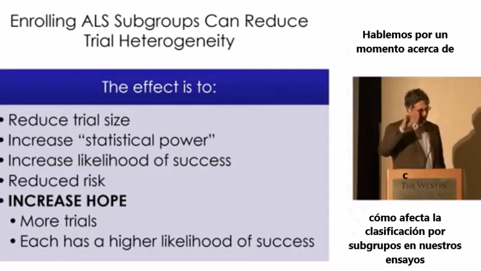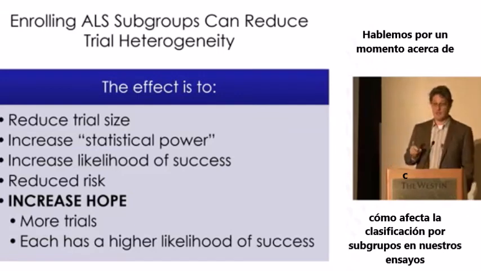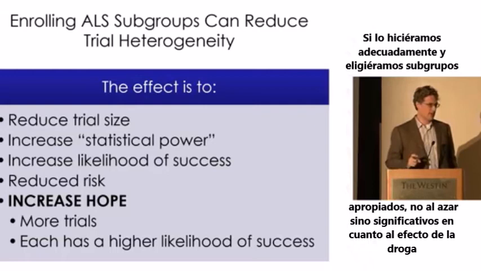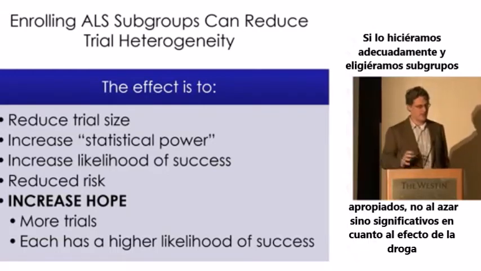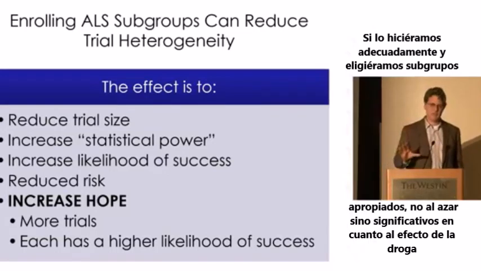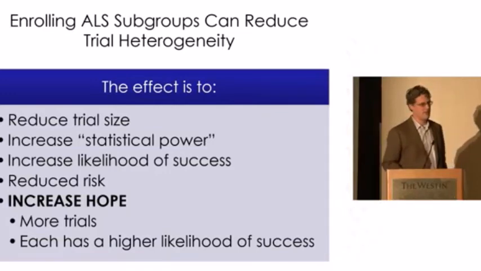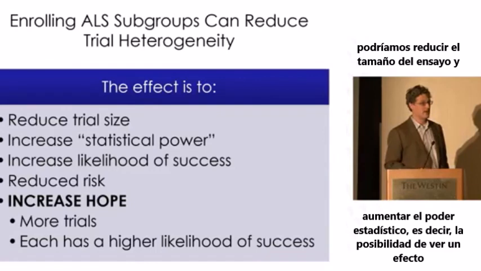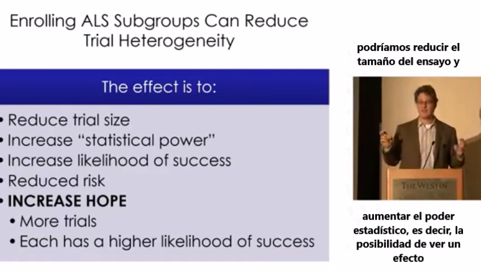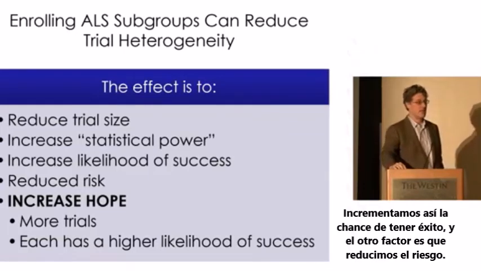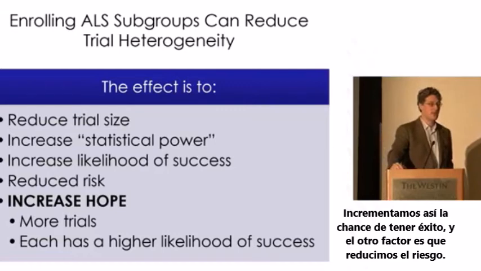So let's talk for a moment about subgrouping and how it affects trials. If we do this appropriately and choose appropriate subgroups, not random subgroups, but subgroups that are meaningful to the effect of a drug, we can reduce trial size. We can increase what we call statistical power. That is, what's our chance of seeing an effect? So we increase the likelihood of success, and another way of saying that is we reduce risk.